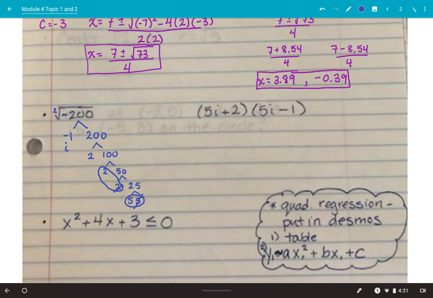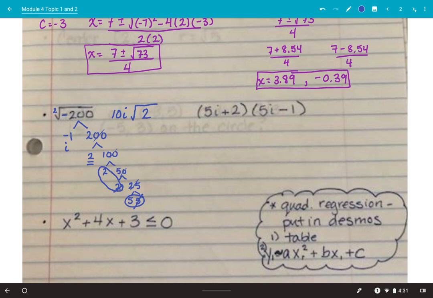The circles go on the outside. So 5 times 2 is 10. And I take the i outside. You can put it inside the square root, it's fine. We'll accept either way. And whatever is left that you did not circle, we only have a 2 left. So that's your answer.